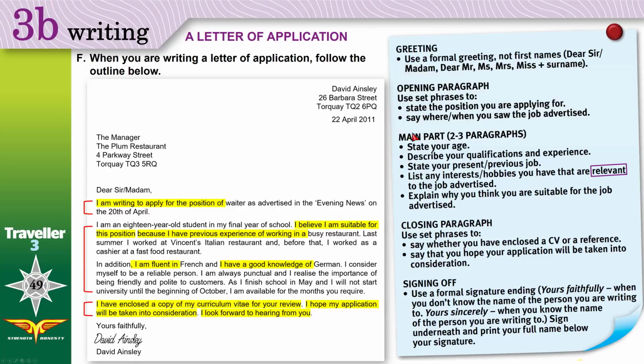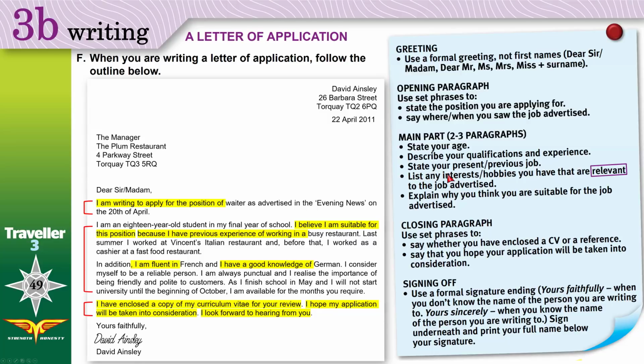And then you move on to the main part. This can be 2 to 3 paragraphs. In here we have 2. You could have 3 if you want. You say how old you are. You describe your qualifications and experience. You say your present and previous job, if you have a job right now or in the past.